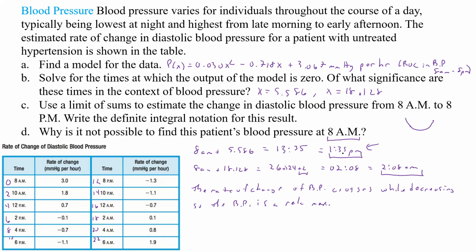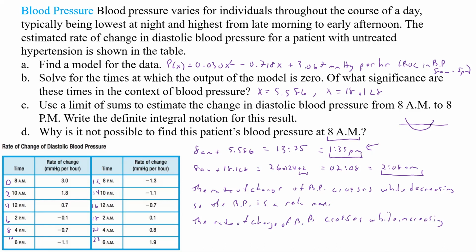So that's probably when you're the most stressed out during the day. Now the other one is at 2:08 a.m. So here, the rate of change of blood pressure crosses while increasing, because now we're on the upward slope.